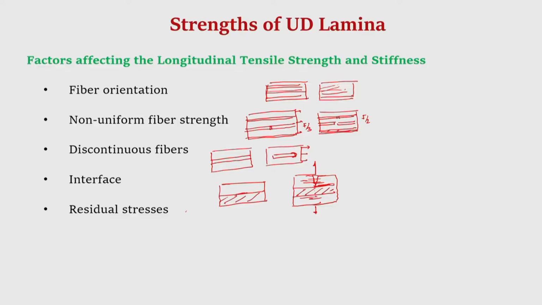Then residual stresses. We have discussed that the residual stresses are induced in the lamina because of 2 reasons. Number 1, the mismatch in coefficient of thermal expansion, and the fabrication temperature is different compared to the operating temperature. Because of the mismatch of the coefficient of thermal expansion, residual stresses are induced. We have discussed these things in detail earlier.